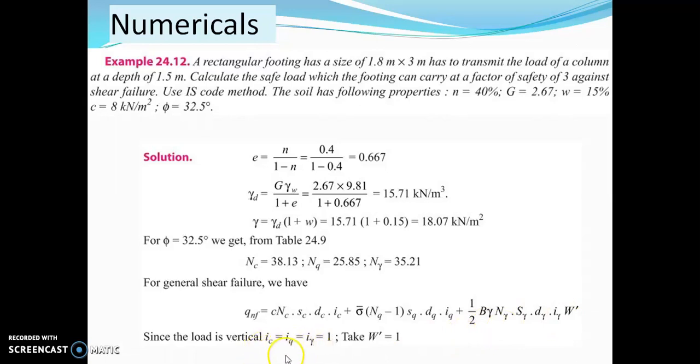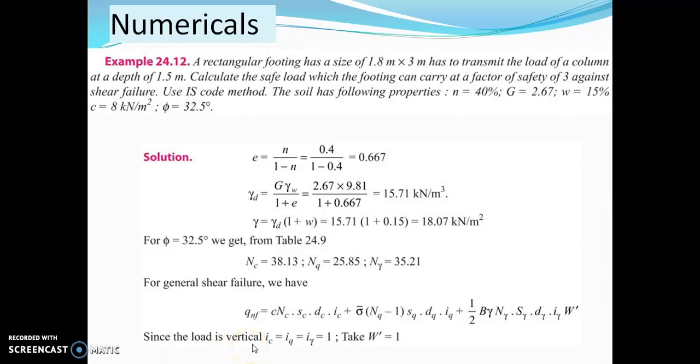These are inclination factors. So inclination factors are mentioned on page number 9. The table is on page number 8. On the next page you have the inclination factors. Now they are taken as 1. Why do we take them as 1? Because the load is vertical. That alpha mentioned, go to your IS code, pause the video and go to IS code. There is an alpha.